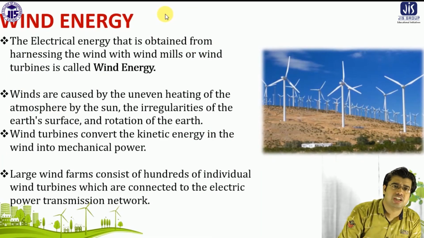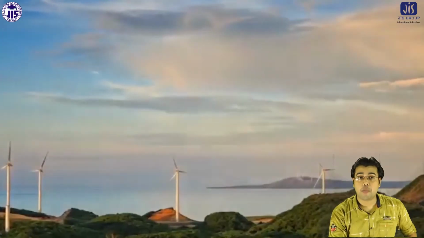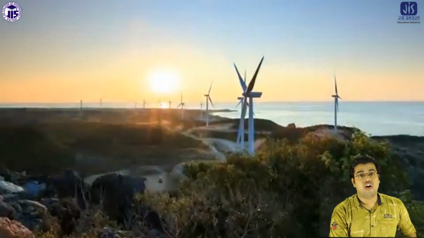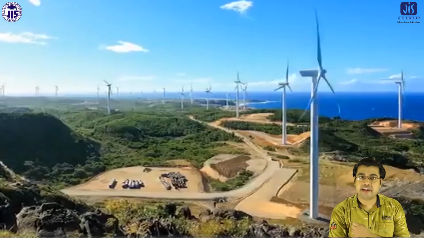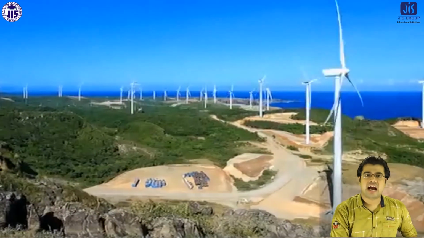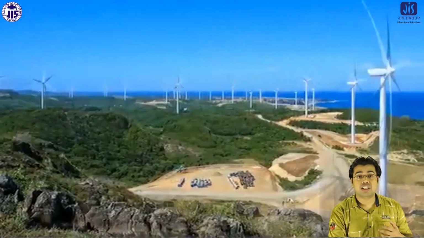Next, wind energy. In the case of wind energy, the kinetic energy obtained from wind, or the windmills, is converted into mechanical energy.